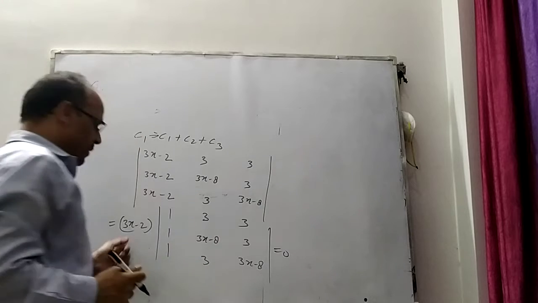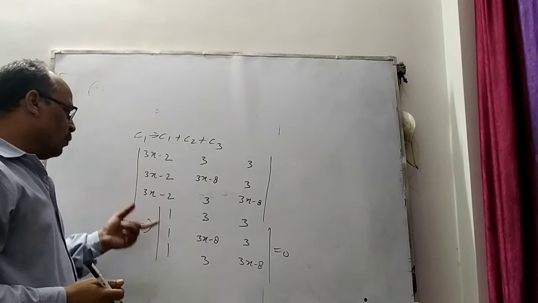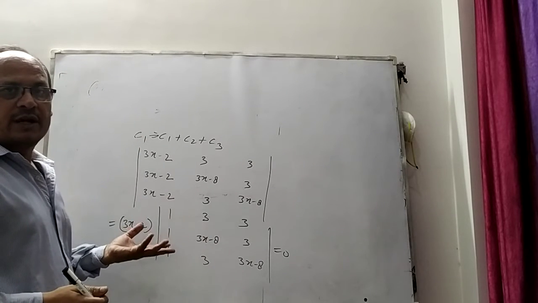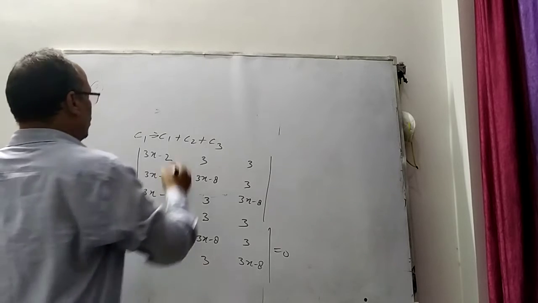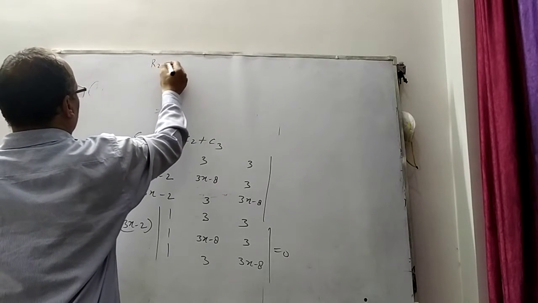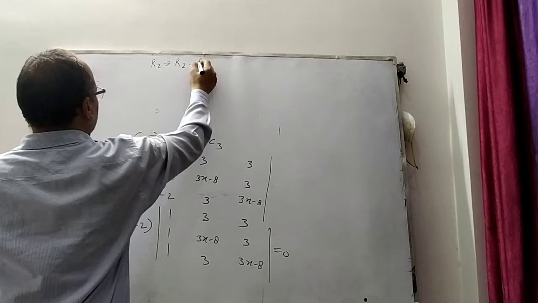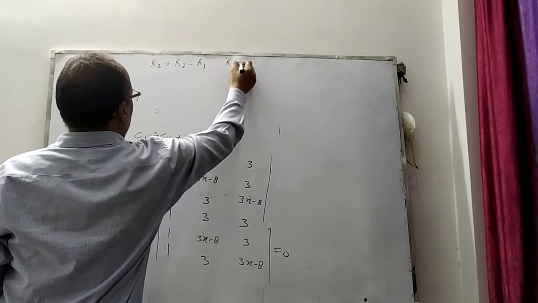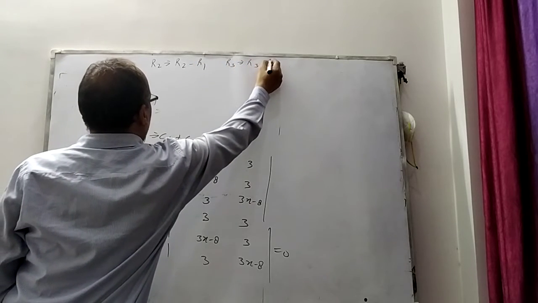Now get the value of x. One value of x will be 2 by 3, but you can check, maybe you can get another value. So R2 tends to R2 minus R1 and R3 tends to R3 minus R1.